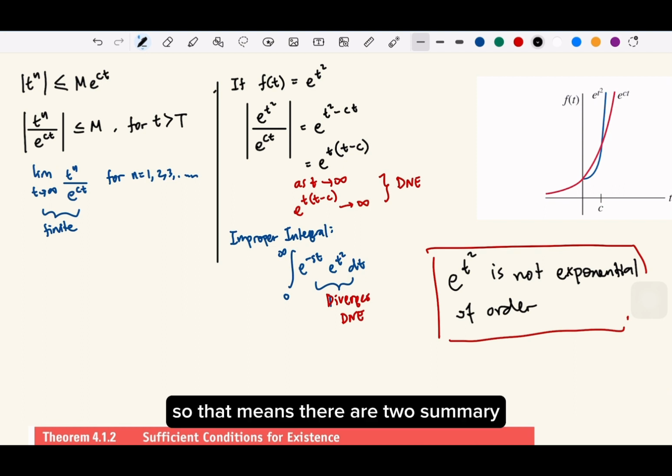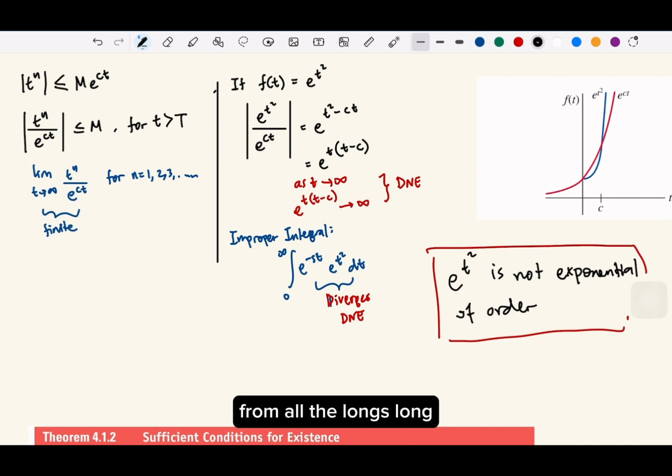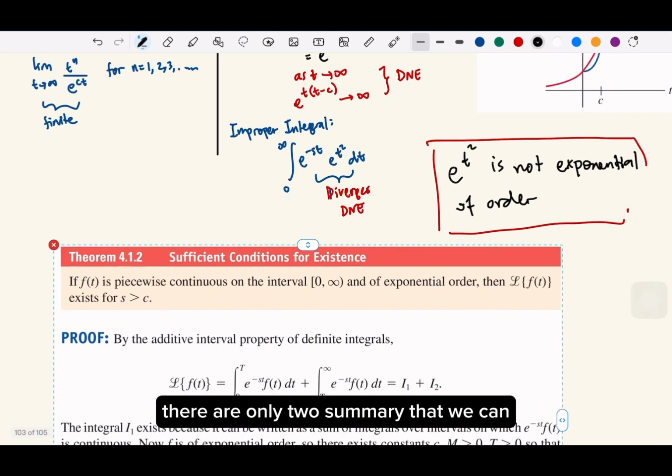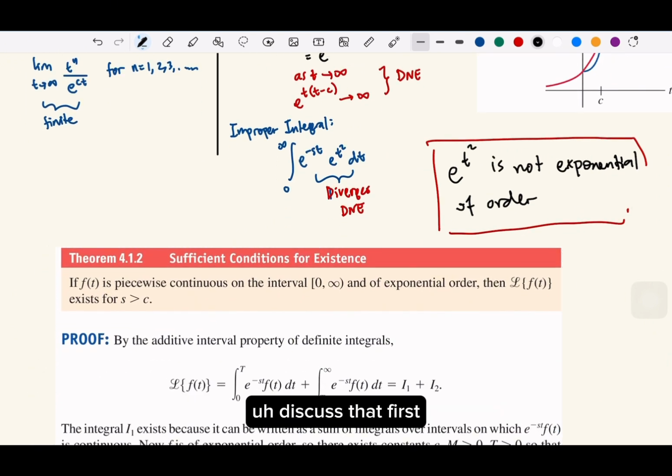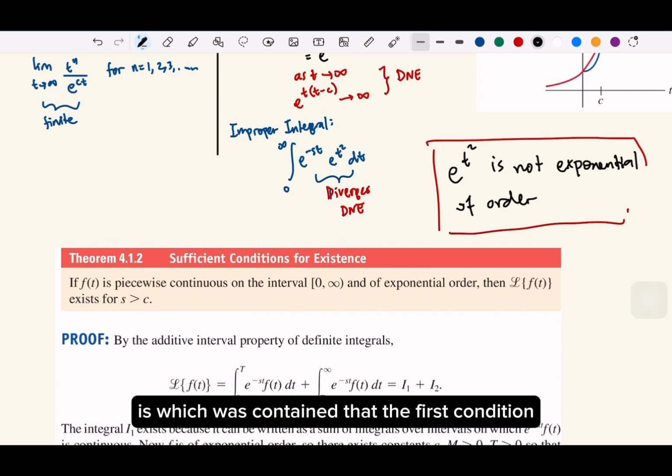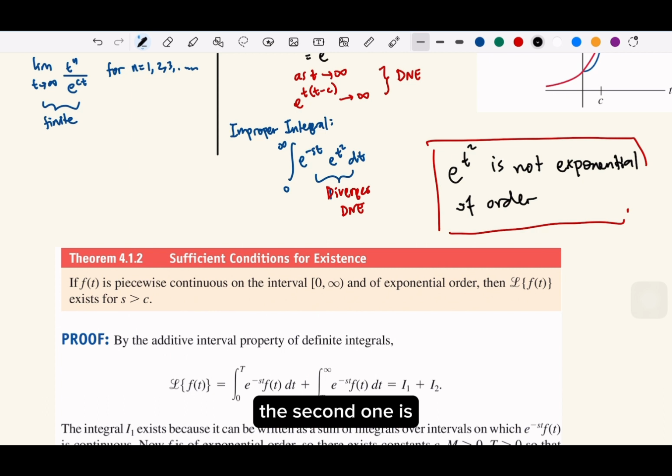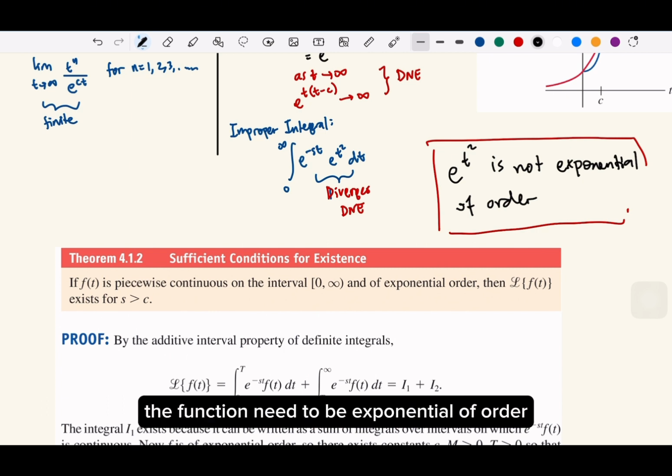So from all the long paragraphs and words, there are only two summary points that we can discuss. First, the function is piecewise continuous. The second one is that the function needs to be of exponential order.